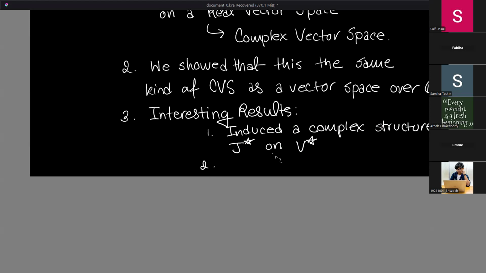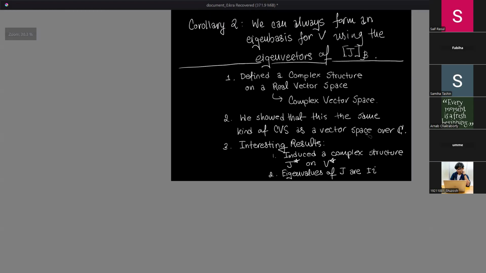And two, we showed that the eigenvalues of J are plus minus i.